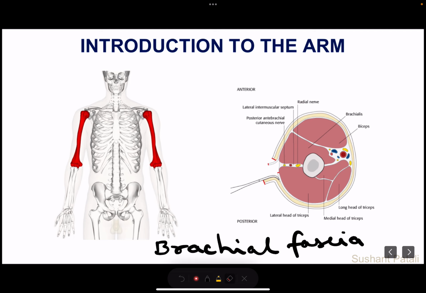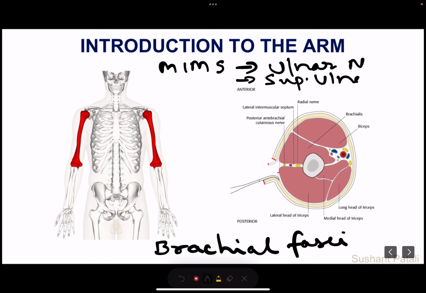So the medial intermuscular septum is pierced by the ulnar nerve and the superior ulnar collateral artery. That's a branch of the brachial artery.